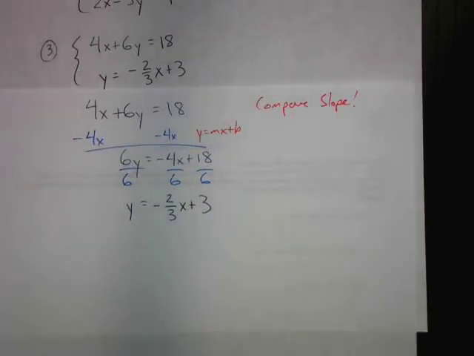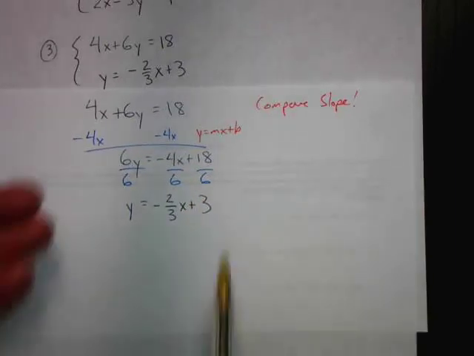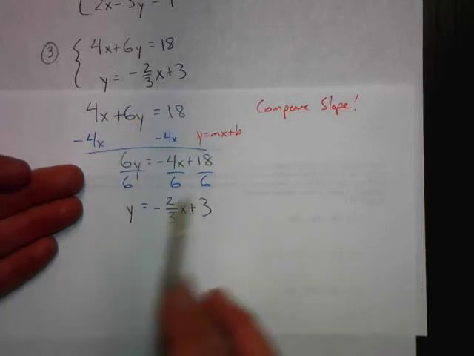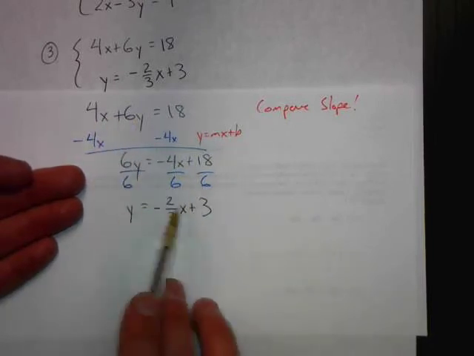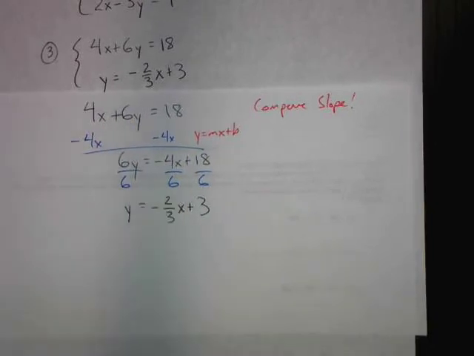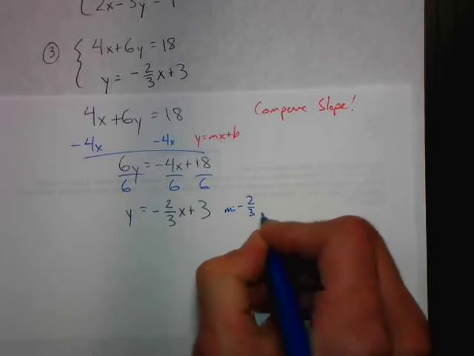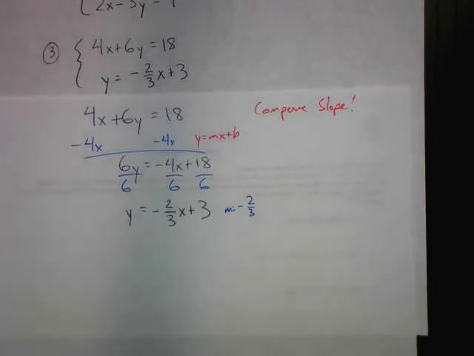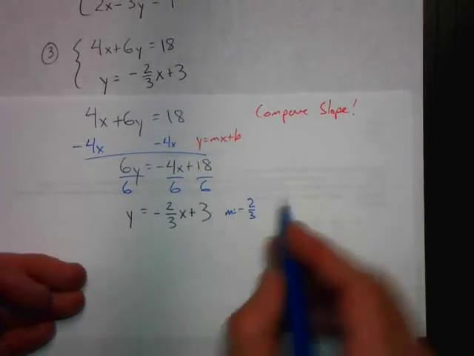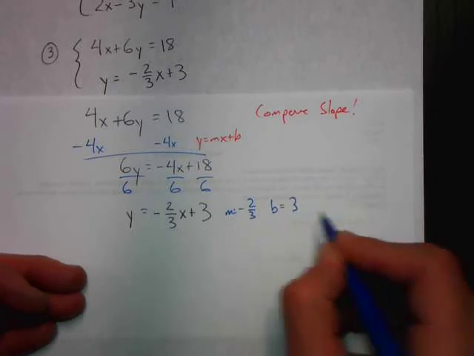So this is our first equation. Now we know the slope is negative 2/3. Just in case we have to compare the y-intercept, it's clear to see the y-intercept is 3.